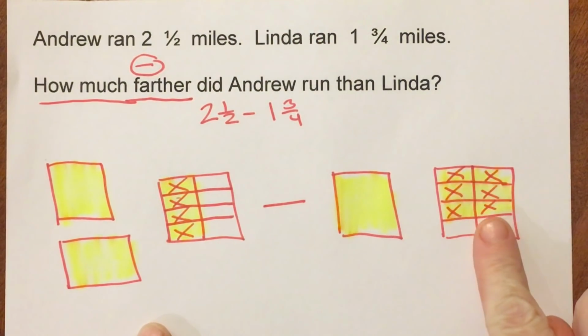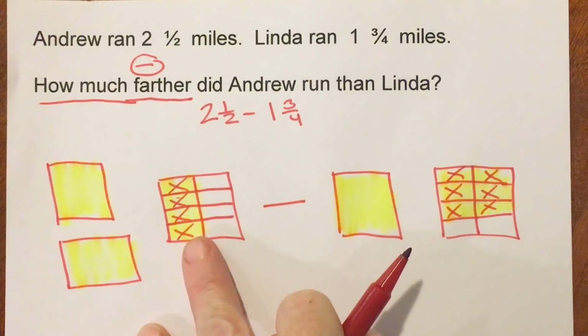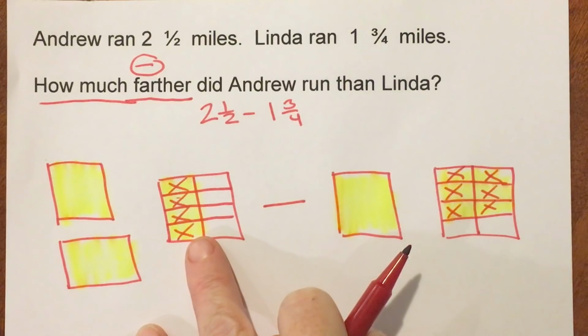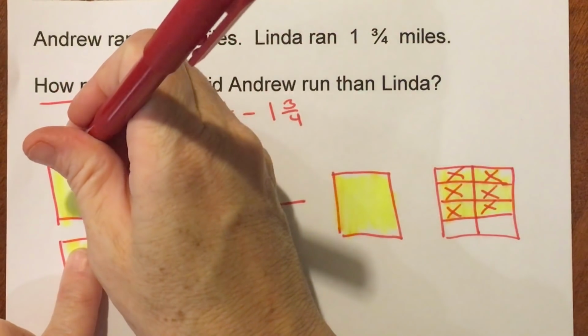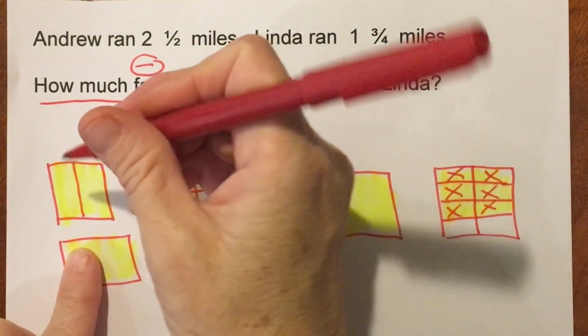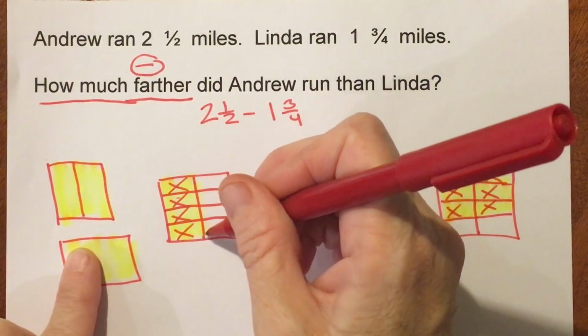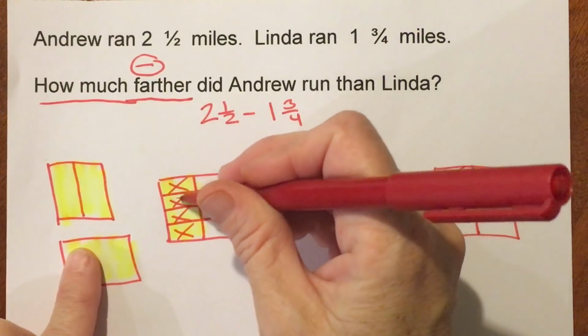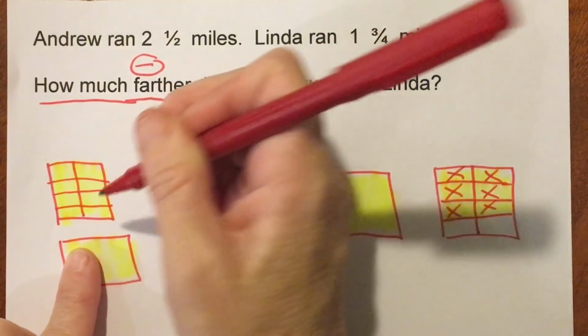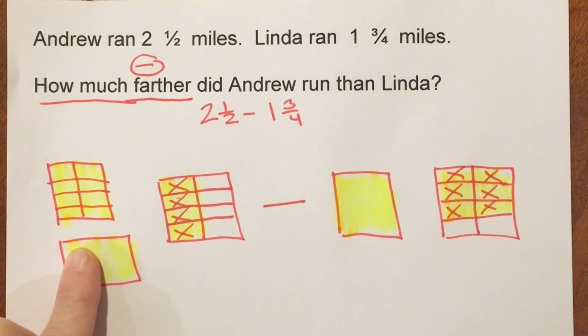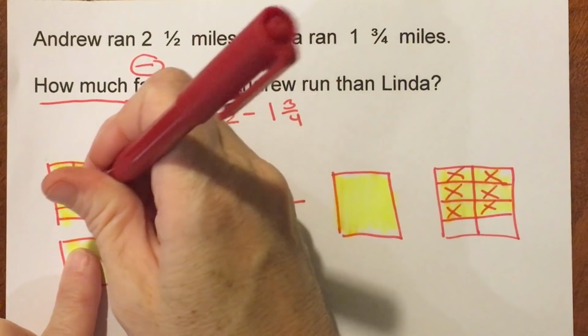I needed to take away 6, but I only took away 4, which means I still need to take away 2 more. So I need to cut up one of my wholes. This is where I'm going to regroup. How many pieces does it need to be cut up into? Just like this, 8.